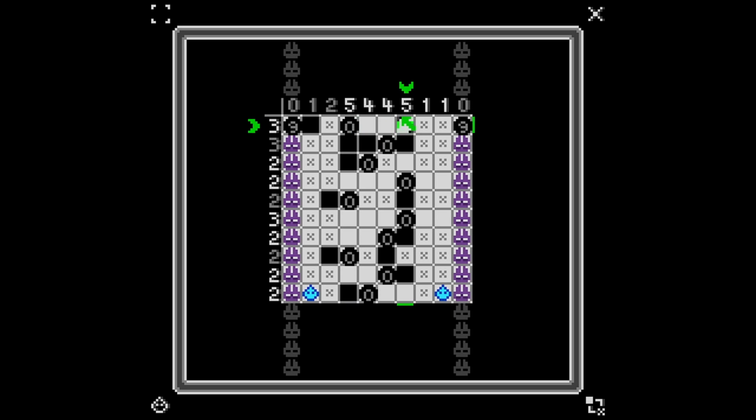Actually, I can't determine where those walls are going to be just yet. But I know this has to be empty, or else this bomb has no path to a crystal. And that lets us see that the wall in this column has to be here. And now this is gray, and that lets us determine where these walls are going to be.